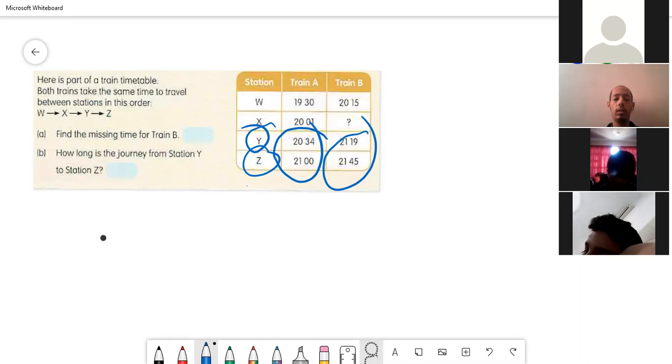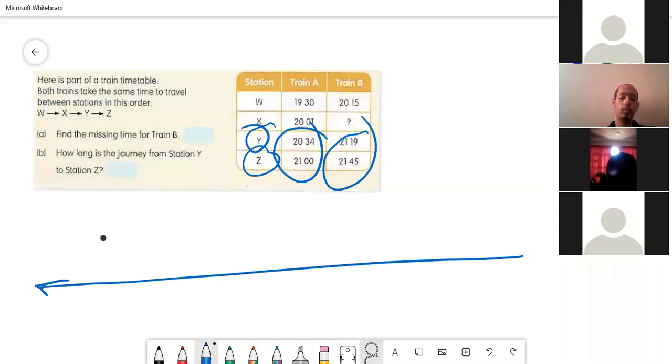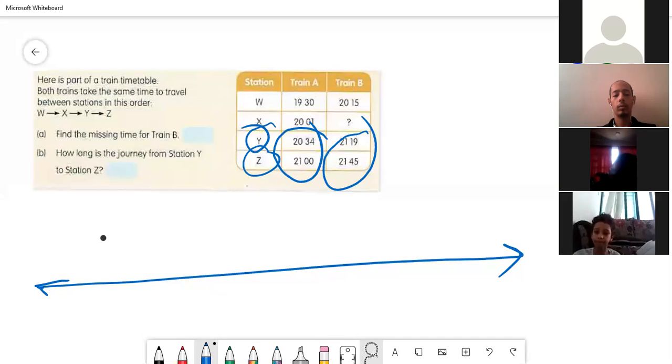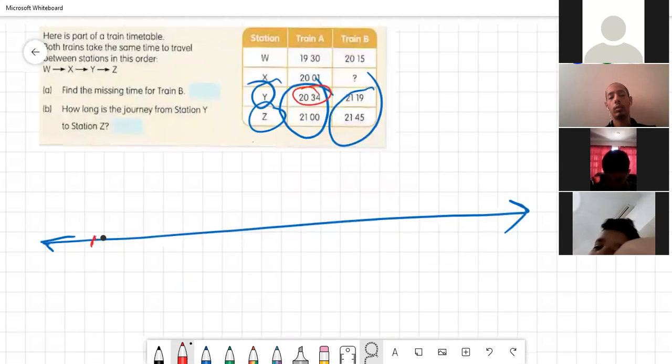Azraf, you want to answer? Yes, teacher. We should bring the time interval here and then just add 20 minutes. We have to place the beginning time, the leaving time from Y. What was it? 20:34.